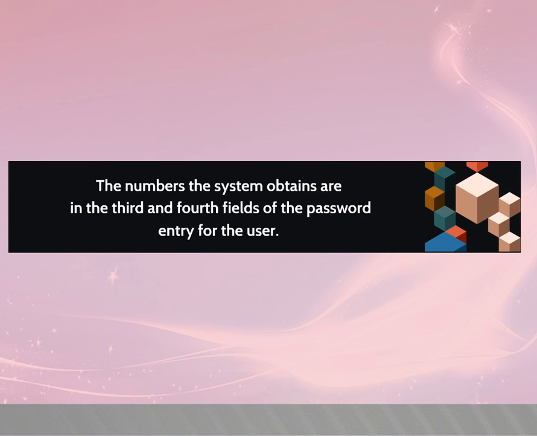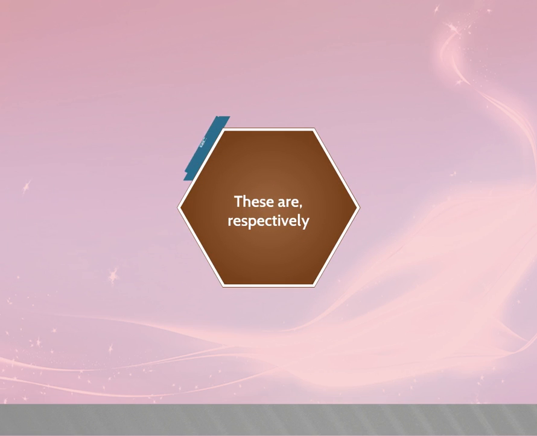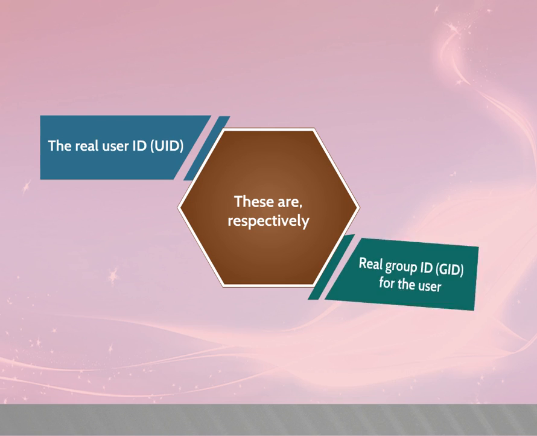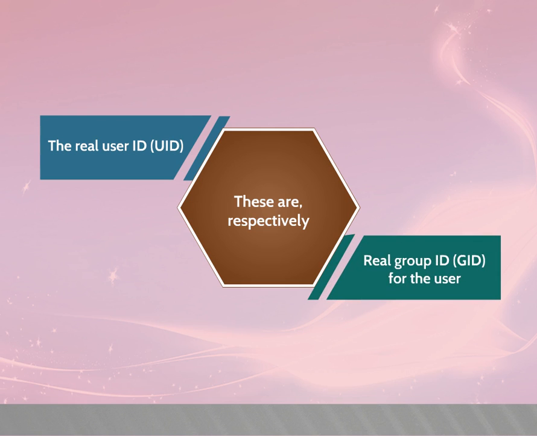The numbers the system obtains are in the third and fourth fields of the password entry for the user. These are respectively the real user ID, that is UID, and real group ID, that is GID for the user.